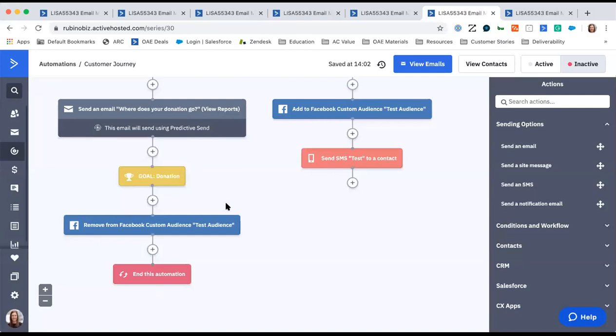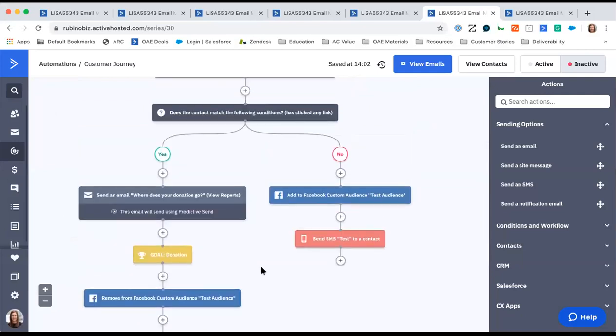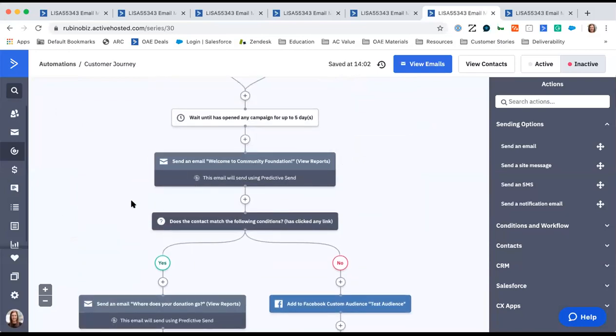And I think one of the big things here, especially in talking about, okay, am I emailing too much? How do I know if my emails are working? Something nice with the goal automation or the goal action. Let's say, for example, I subscribe with the community right away, and then I right away go and I donate, all in the same 10 minutes.